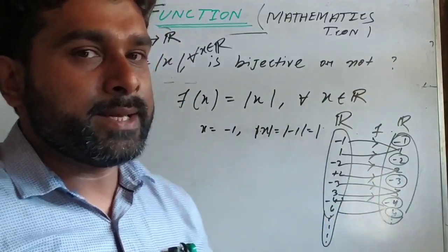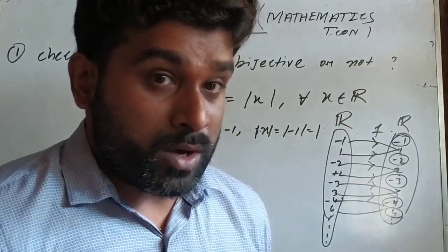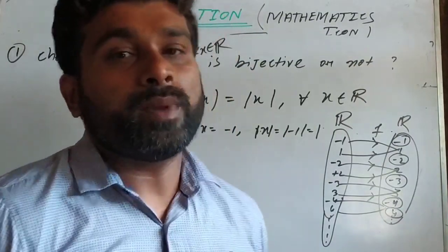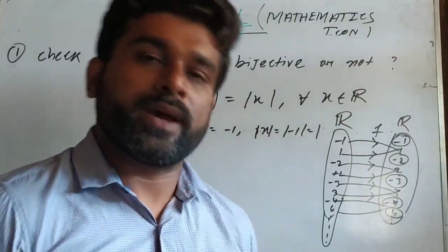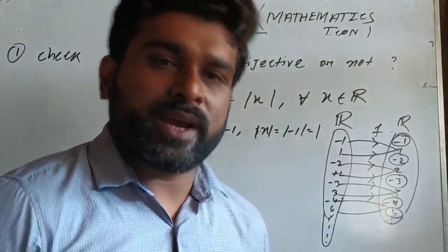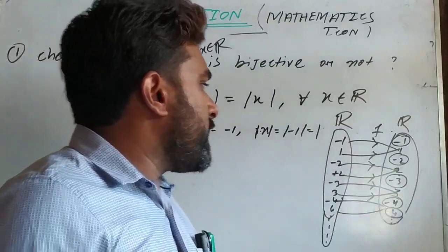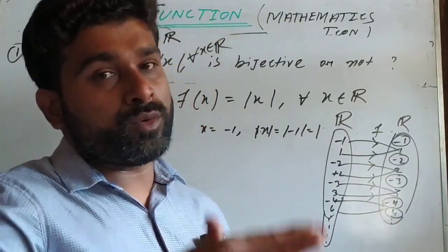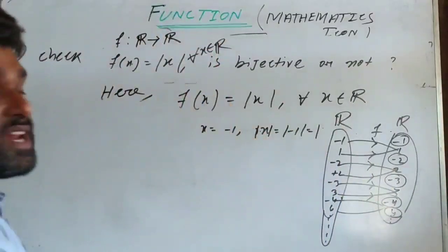All the negative values are going to be left, which have no pre-image, which have no mapping with the first set. Just write this statement here.